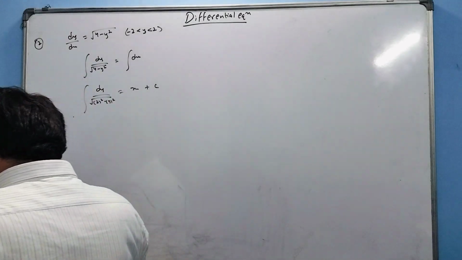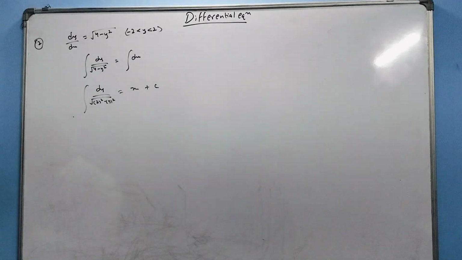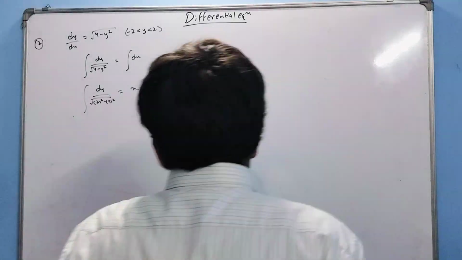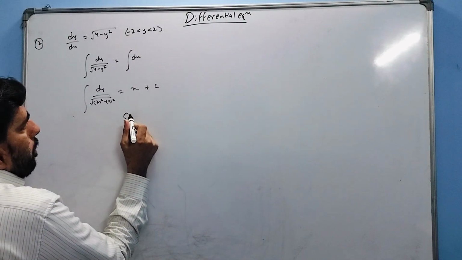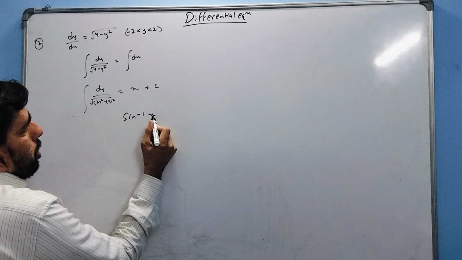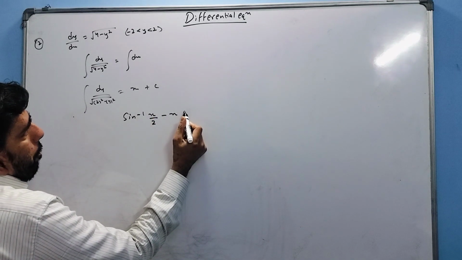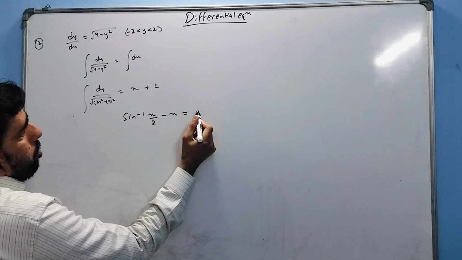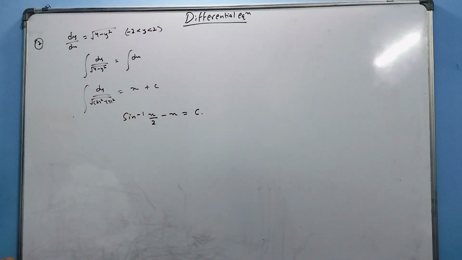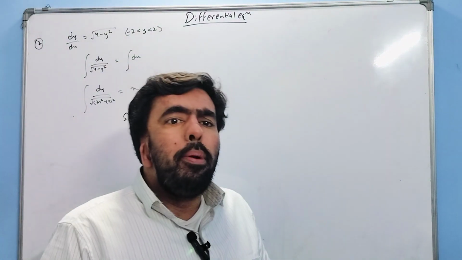That formula is sine inverse x upon a, and here it is sine inverse y upon 2 is equal to x plus c. Okay, so that is what they have given as the differential equation, and we need to find the general solution. Okay, so that is how we are able to solve.